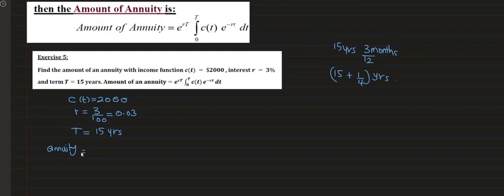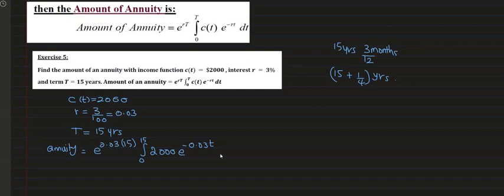in the annuity formula: e to the power of r, which is the rate, times the term, which is the number of years given, and then the integration from 0 to 15 of the capital T. C of t, which is the income function, is always given. Here it's 2000 multiplied with e to the power of negative 0.03 t.